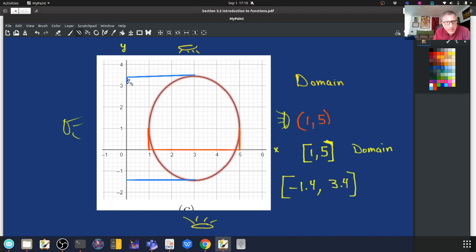If you can see that it includes this area of the y-axis, that's all that matters. So that's the range. So this is not the domain, but the range. Okay.